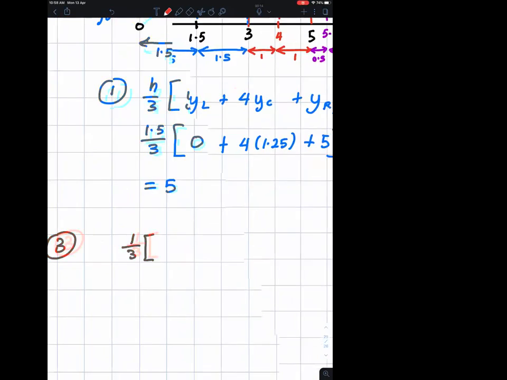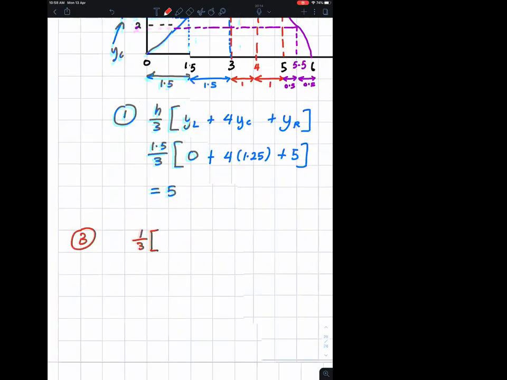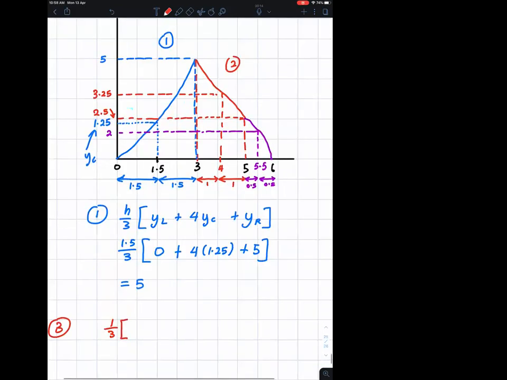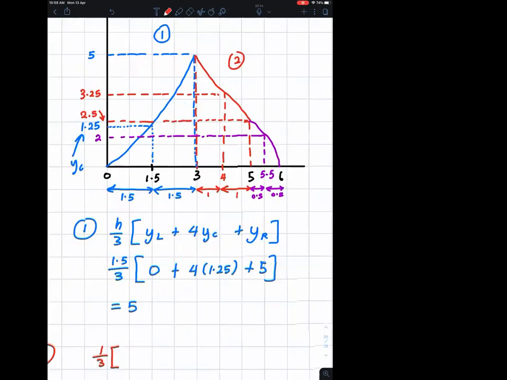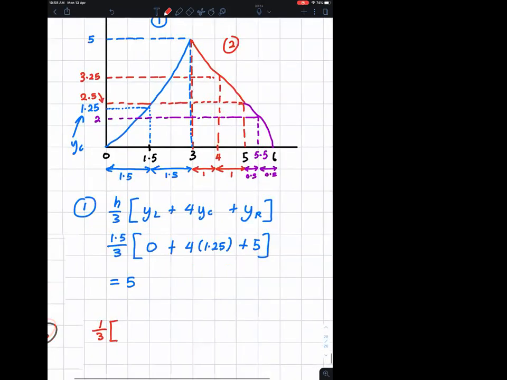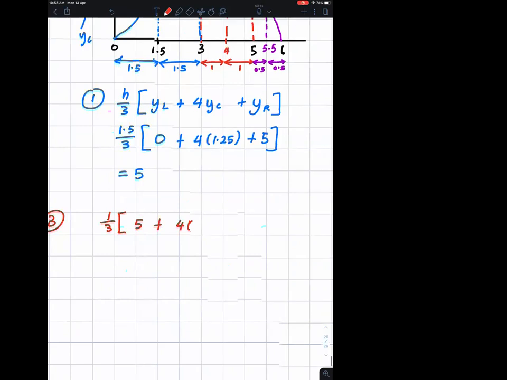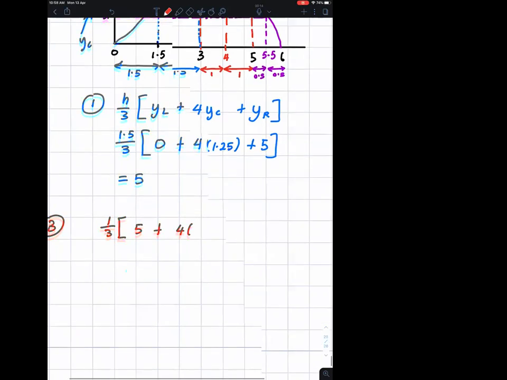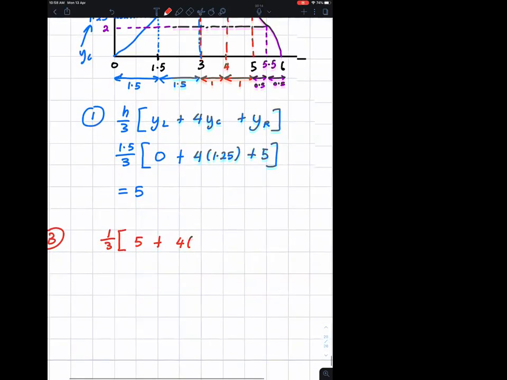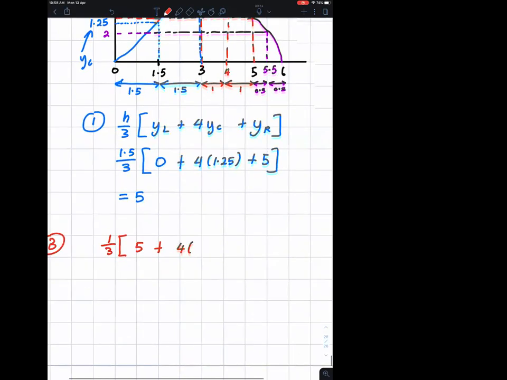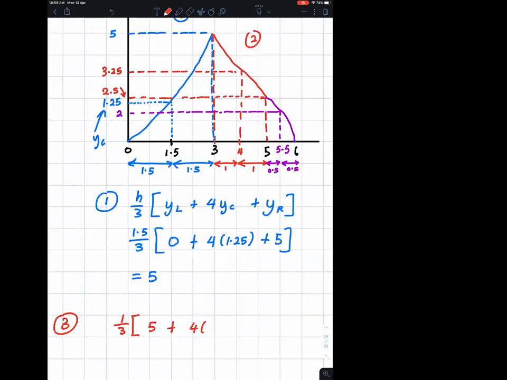The left side is 5, right? Five plus 4 times the midpoint value. In the red region, sorry, not 4, it's 3.25 right here.